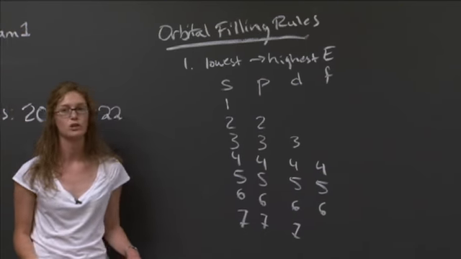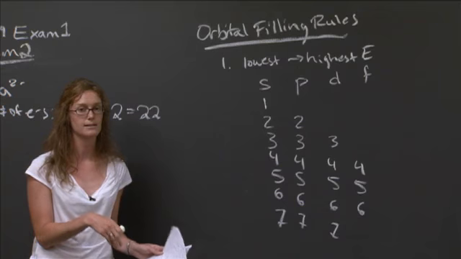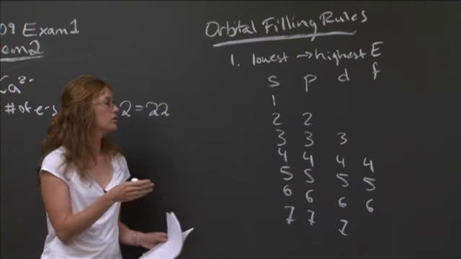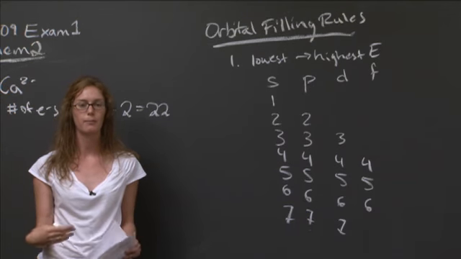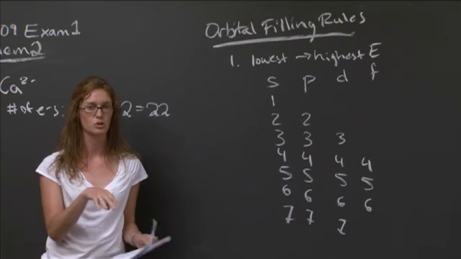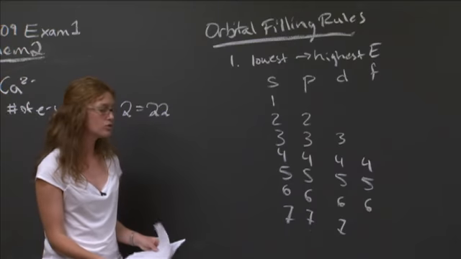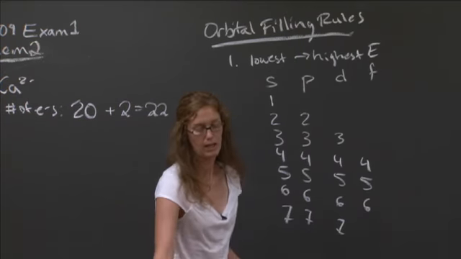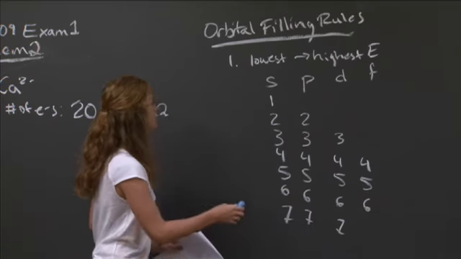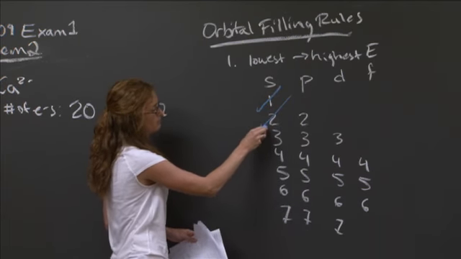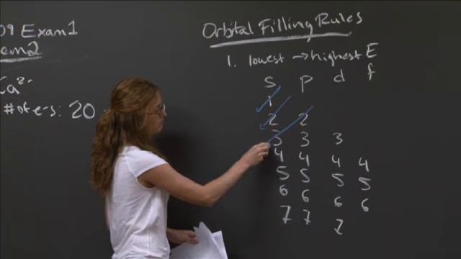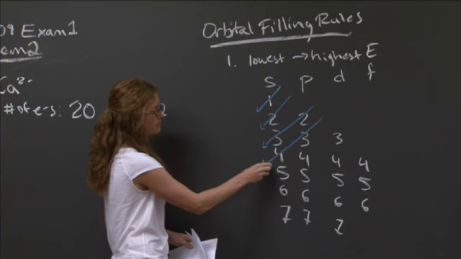The tricky part is that you don't just fill up at 1s, 2s, 2p, 3s, 3p, 3d. There's a little bit of mixing up of the energy levels versus the actual energy of the orbital. So a nice side of the page trick is to draw diagonal lines down through these numbers.